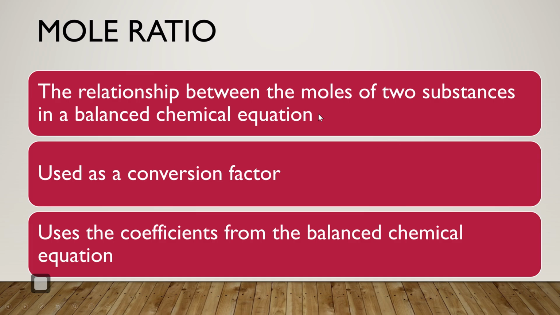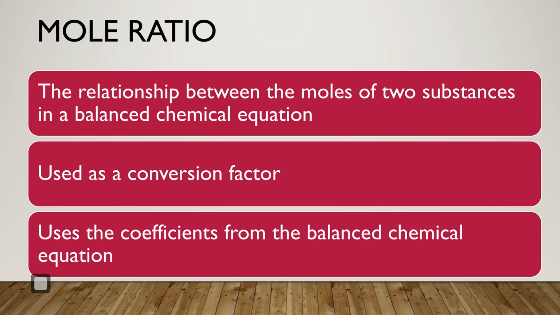So the first thing I have to introduce is something called the mole ratio, okay? This is the only really new thing at the beginning of this new unit. This is the connection between the chemical equation and the math that we have been doing back in the mole unit, okay?